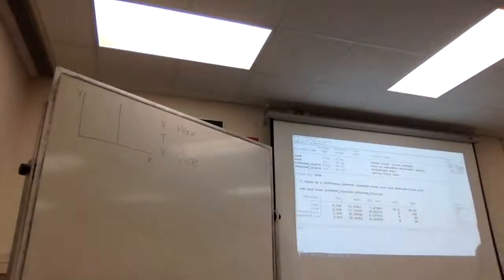And observed class size is different from the intended class size because there were some non-compliance cases and some attrition issues and stuff like that. But let's not care about that. Let's just focus on intended class size with the sharp RD.